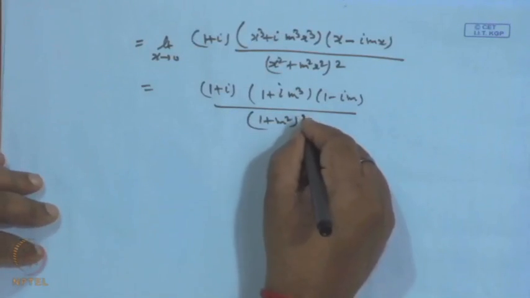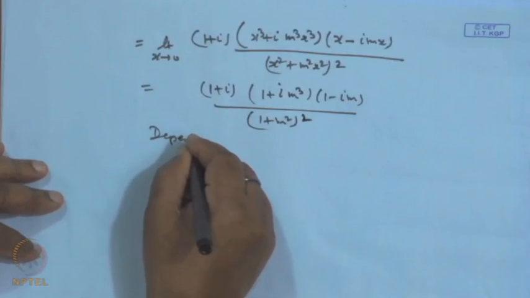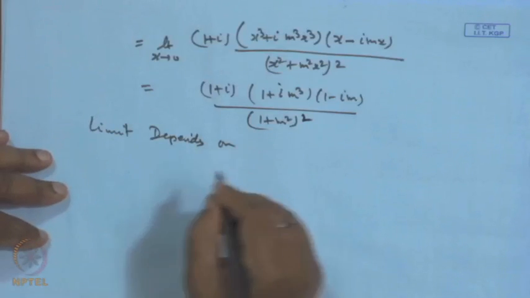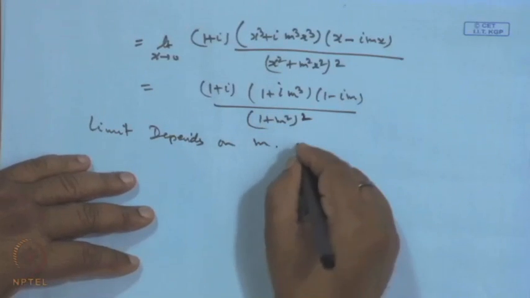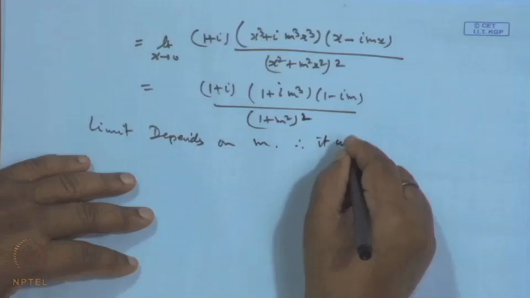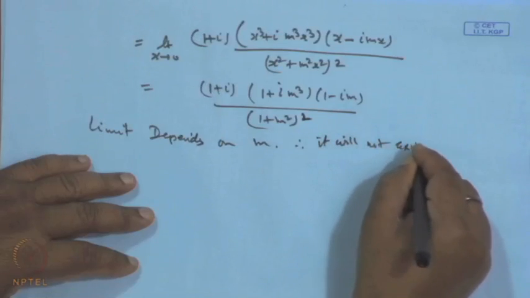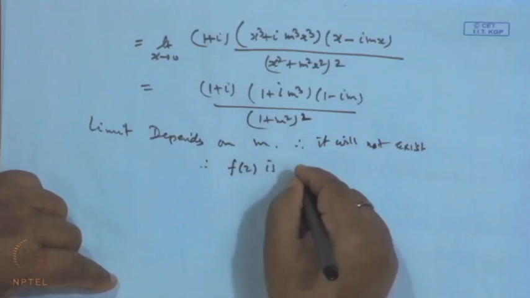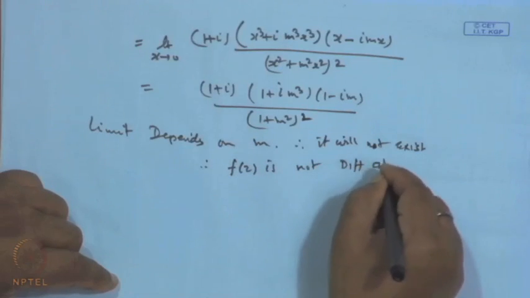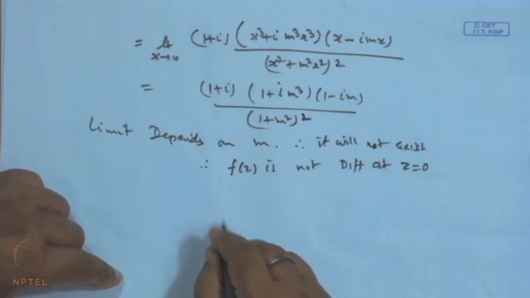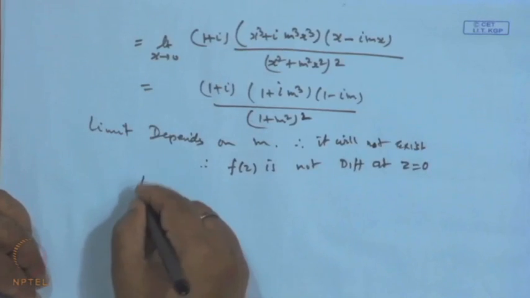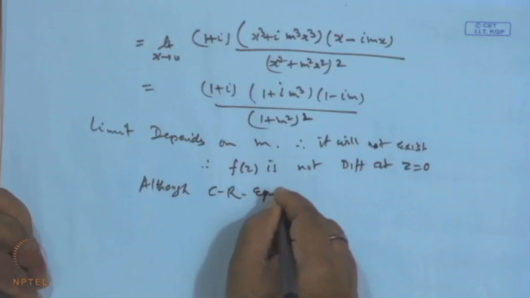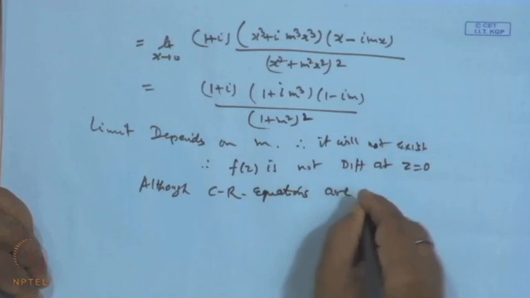So, this limit depends on m. Therefore, it will not exist. So, the function f(z) is not differentiable at z equal to 0, although CR's equations are satisfied.